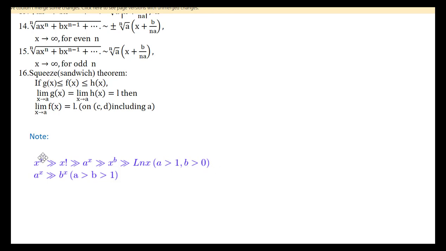So always x power x is the strongest, and then x factorial, and after that the exponential function a^x, and then x square, and ln x is the weakest in comparison to the other functions. And also if a is more than b, we can say that a^x is always more than b^x, where a and b are both bigger than 1.